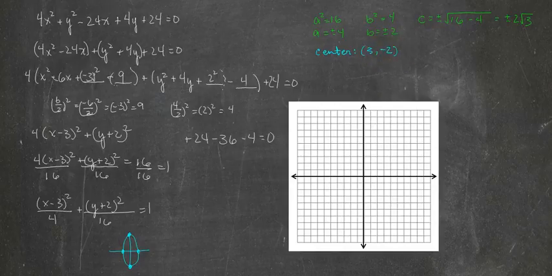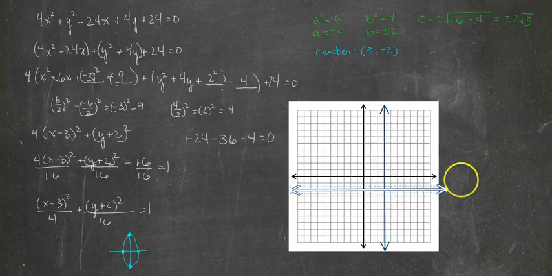And so these are also our axes of our major and minor axes, so hard to say. And so I have an axis at x equals 3, and I have an axis at y equals -2, representing the center at their intersection.